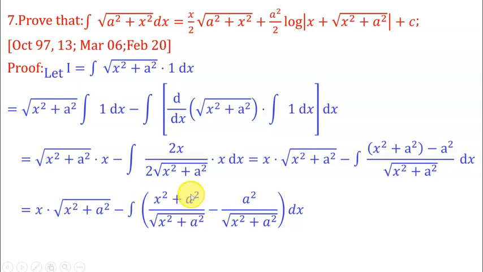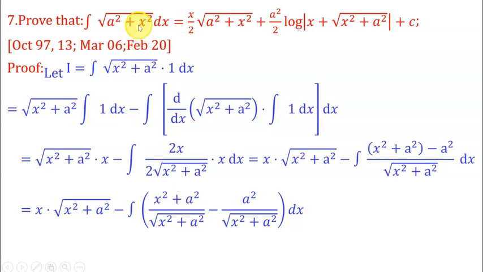Now what about the power of this? The power of this is 1, meaning x square plus a square to the power 1. And here the power of this is x square plus a square to the power 1 upon 2. After simplification, you will get root of x square plus a square.